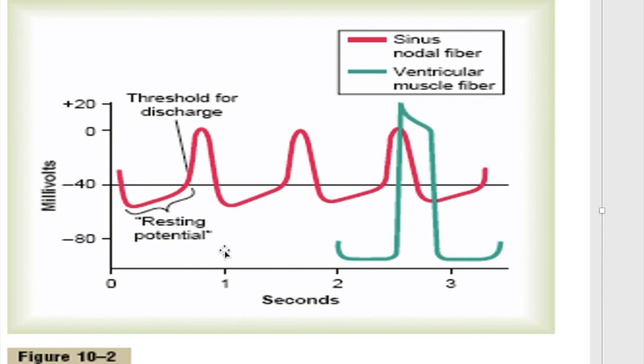We are talking here about the nodal cells, the pacemaker cells. That is why the pacemaker cells do not have a phase 0, because they do not have a sodium current. There is only a calcium ion current which drives the upstroke of the action potential.